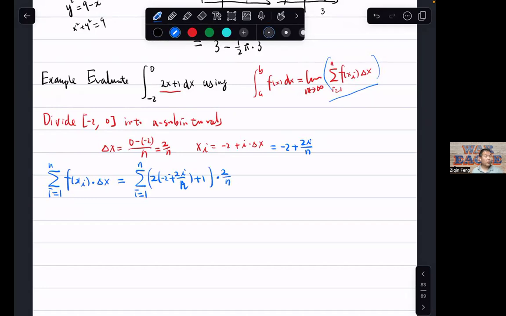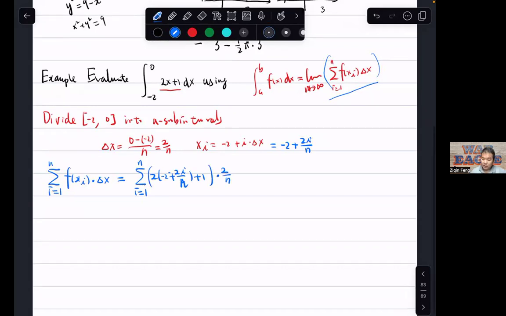Now we want to simplify this into a function of n, then evaluate the limit as n goes to infinity. Common factors first: 2 over n is a common factor. Because i is the variable and the others don't change, you get the summation i from 1 to n of -4 plus 4i over n, then plus 1.